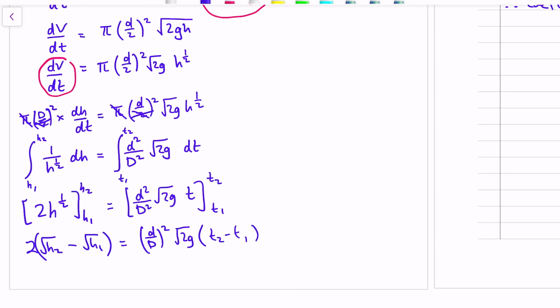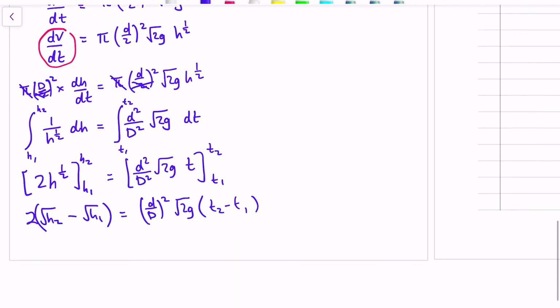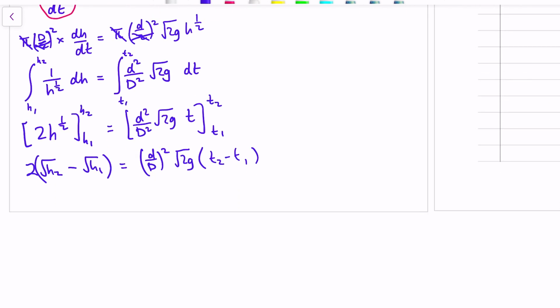Okay, and the question asks us for the time taken, which is going to be t2 minus t1. So we just need to make that the subject of this equation.